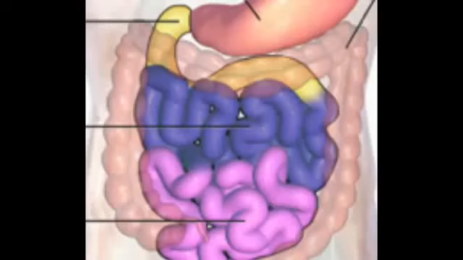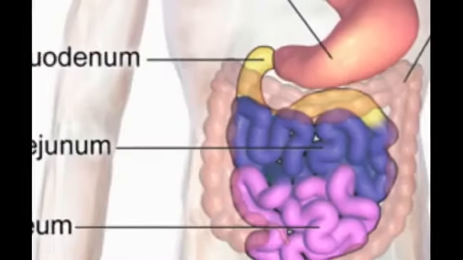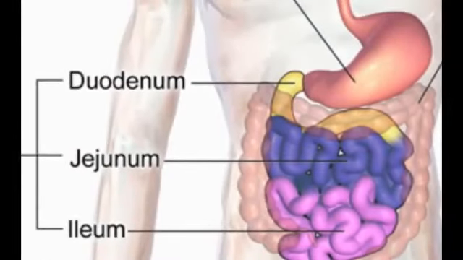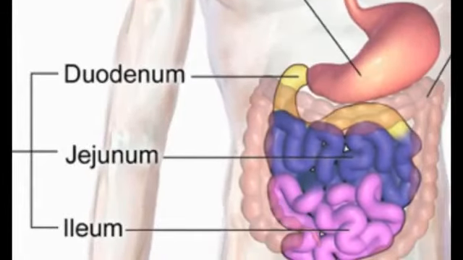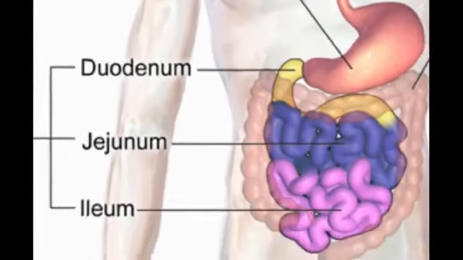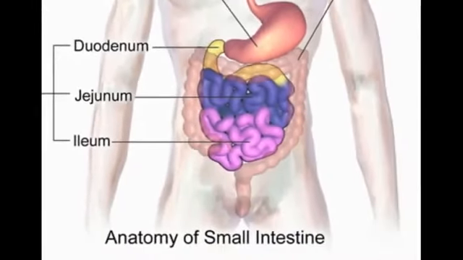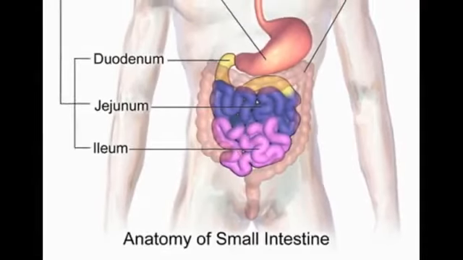The beginning is the duodenum, then the jejunum, and then the ileum. After the ileum starts the large intestine. The shape of our intestines is like a snake, but also like a spiral.